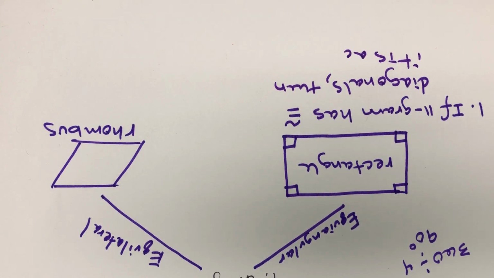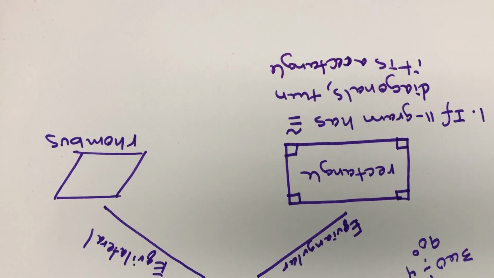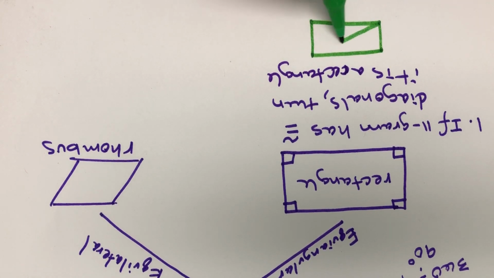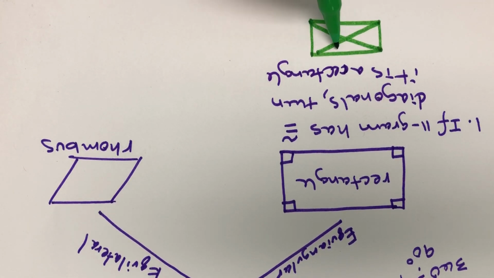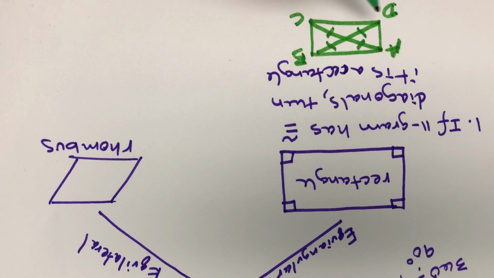So there's something special about the diagonals. So we already know that the diagonals bisect. So that means that all 4 of those segments are going to be equal to each other. Or you can also, it's sufficient just to know that AC is congruent to BD.